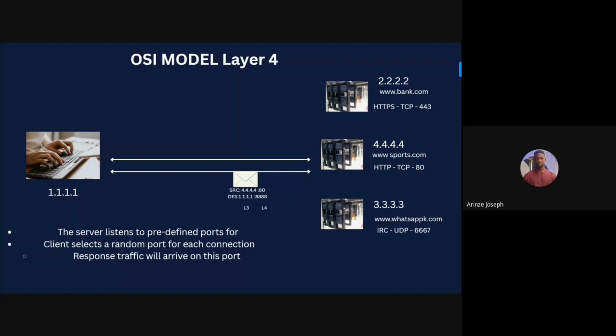For example, you are sending a message using port 80, as you can see in my diagram, on sports.com. So in the header, you see that your source IP address will be there. Then the destination IP address will be there.